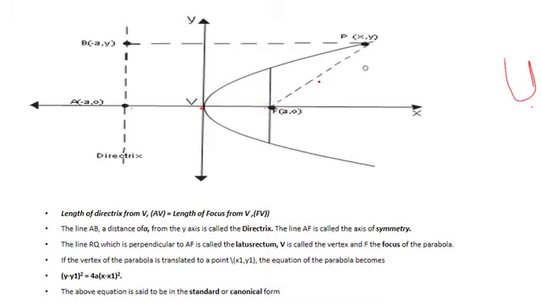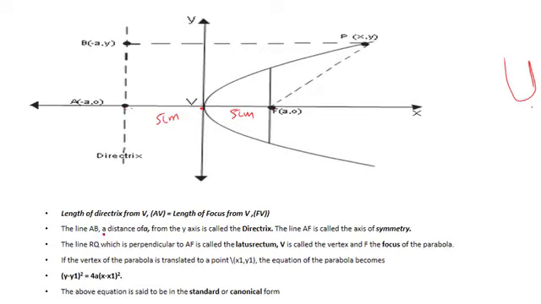So they are trying to tell us that if the distance from the directrix to this point V, the midpoint, is 5 cm, the distance from V to the focus is also 5 cm. You cannot have a parabola with the directrix at a longer distance than that of the focus from the midpoint.